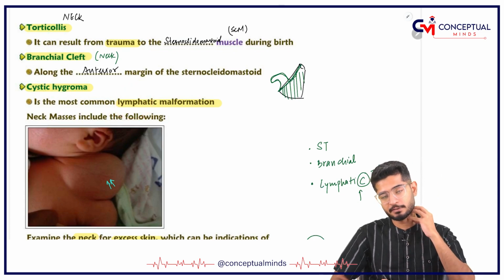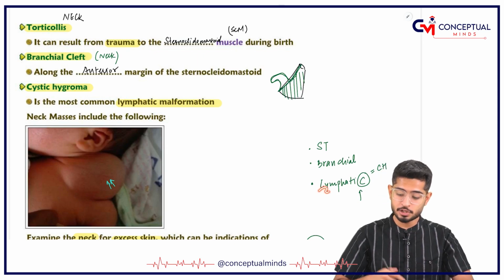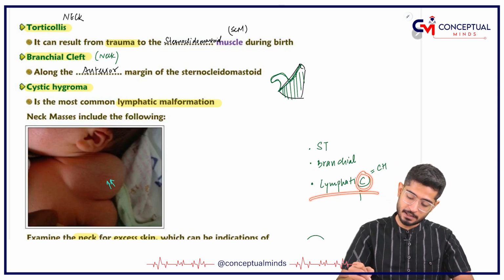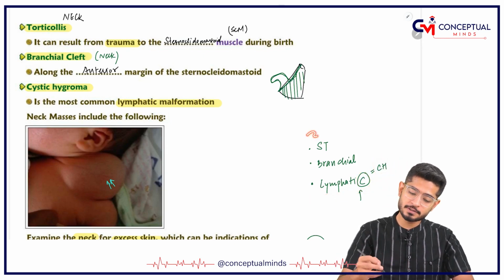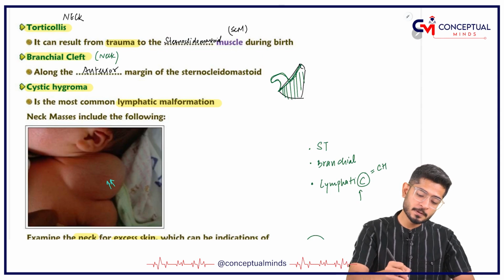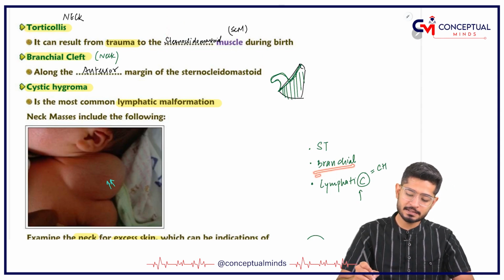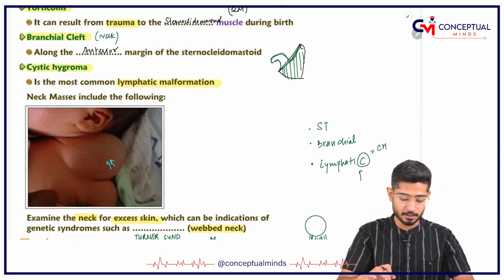So lymphatic, C and C for cystic hygroma. And of course, T and S are very close alphabets in alphabetical series. So of course, sternocleidomastoid muscle has torticollis, and branchial cyst is branchial for a reason. Branchial means it is there in the neck region only.